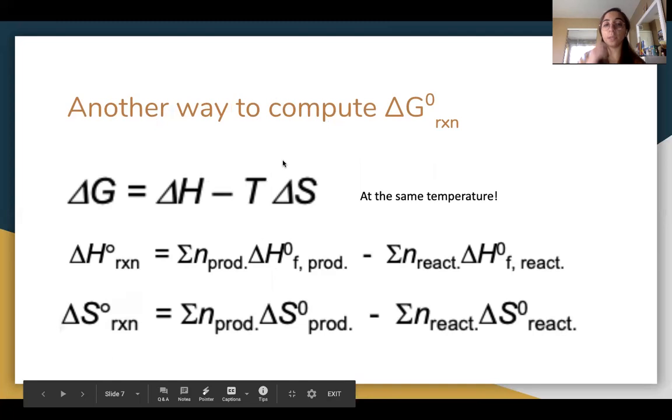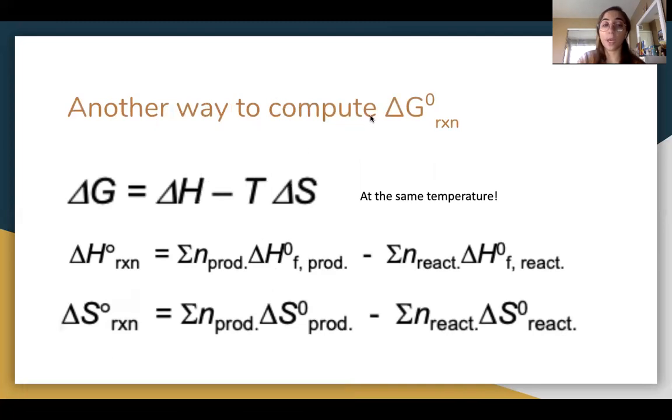So another way to determine delta G of a reaction is by using this equation. It says delta G equals delta H minus temperature times delta S. Make sure to know what delta H and delta S are. Delta H is enthalpy and delta S is entropy. These have to be for the same reaction.